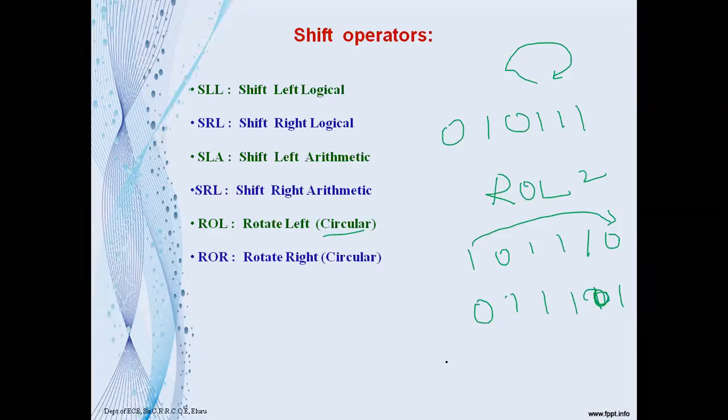In rotate left and rotate right the bits rotate either in the clockwise direction or the anti-clockwise direction. If it is clockwise, let's say, it is rotate left; if it is anti-clockwise it is rotate right.